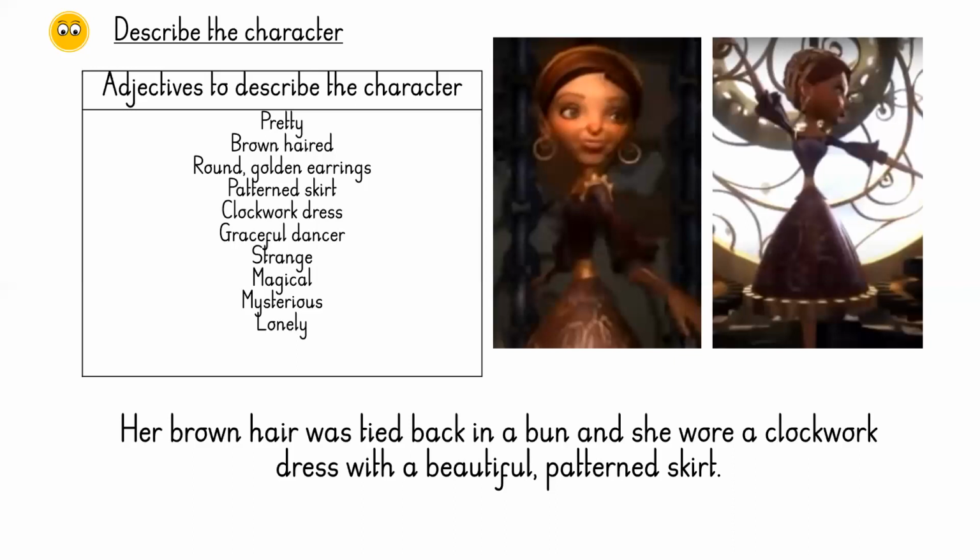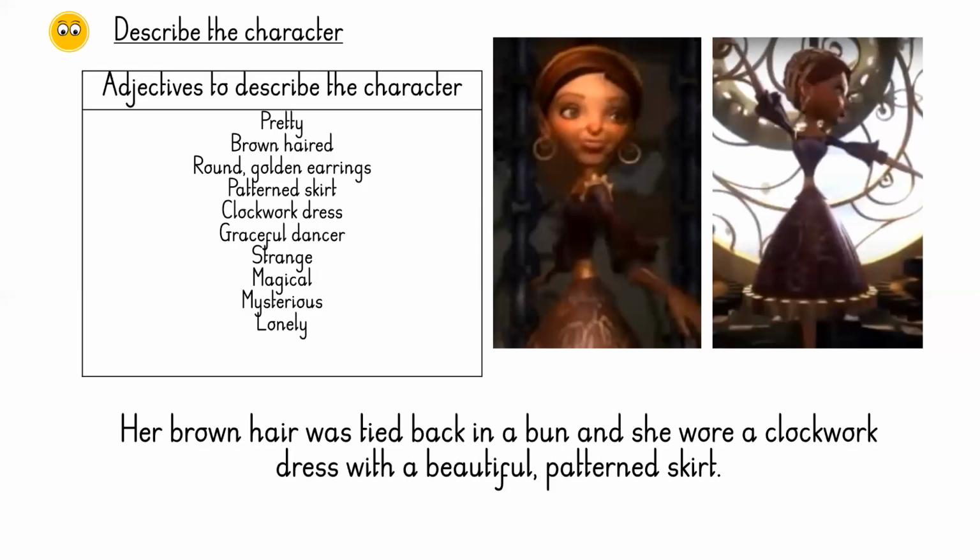If we want to make our character mysterious, that's what all our description has to be about. And if we want to make her happy and cheerful and confident, then all our description has to point to that. You have to be very careful that all of what you're doing links. Otherwise, you're going to get contradictions and it's not quite going to make sense. So try and think of lots and lots of adjectives to describe that character.